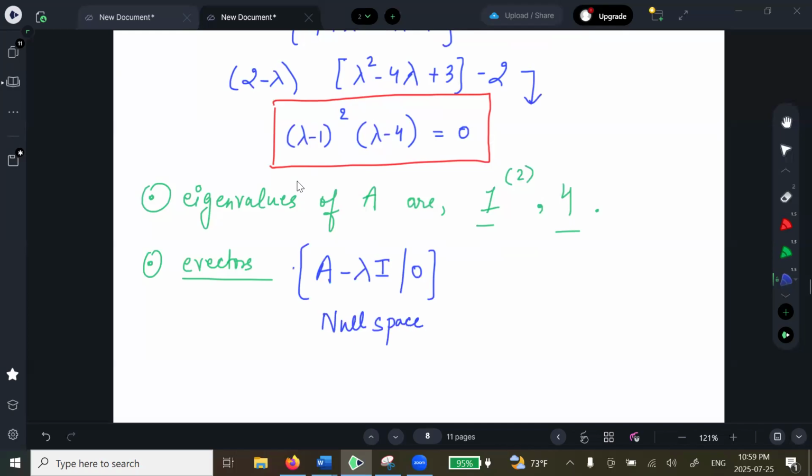And I have to do it for both eigenvalues. So I do it for lambda equals 1, and then I do it for lambda equals 4. Now, let's start with my matrix A. Where was matrix A? There you go.